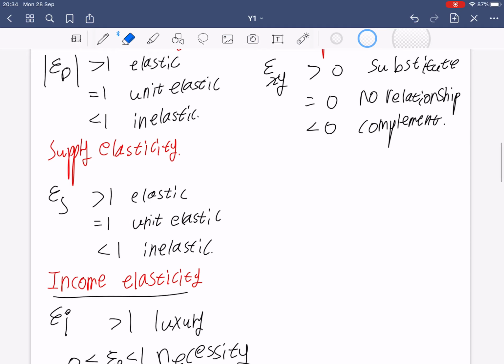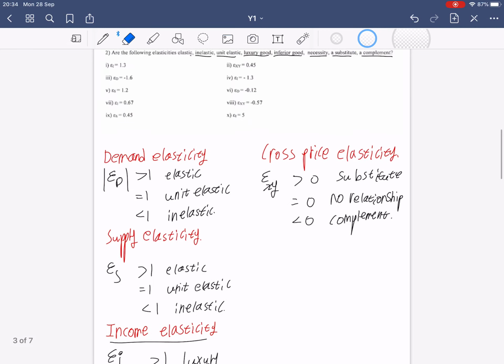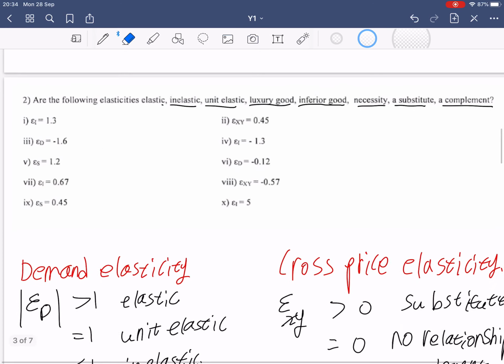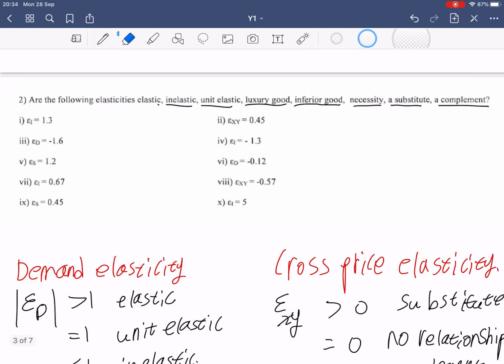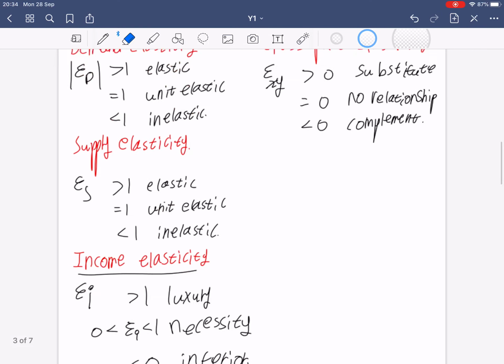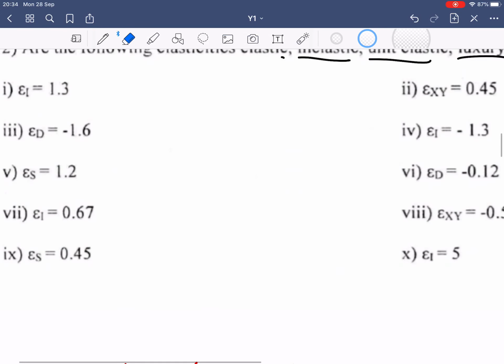Okay, so we are going to use this table to solve this problem. For question 1, EI tells us that it is income elasticity. As it is greater than 1, it is luxury goods.